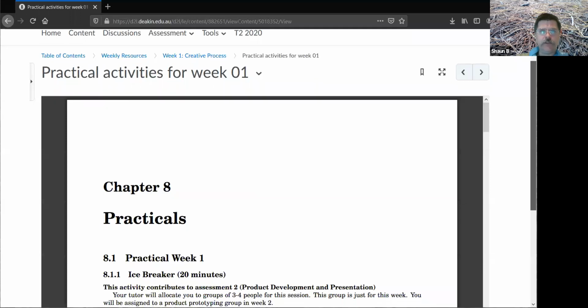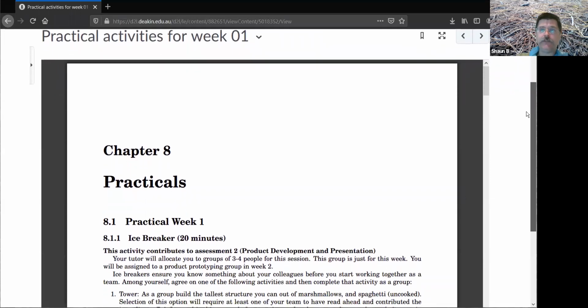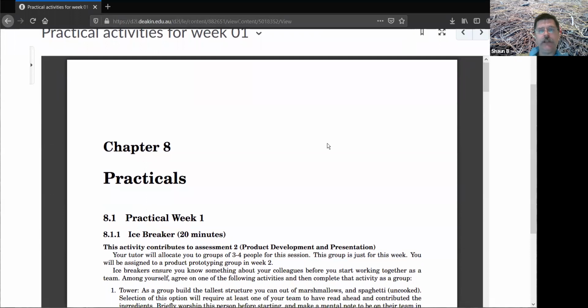The practical document has detailed step-by-step instructions that will need to be followed either as part of the group activity in the practical session or by yourself if you are completing this outside of a formal session.